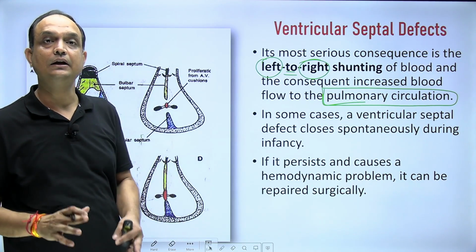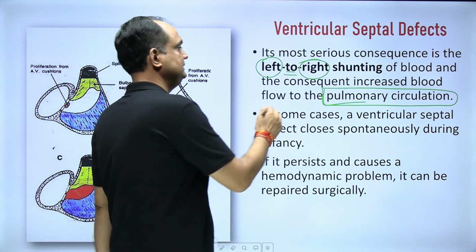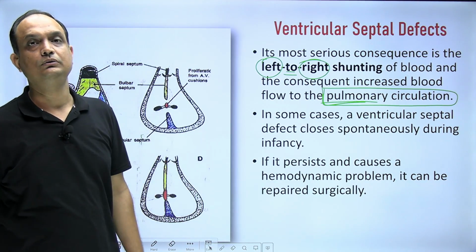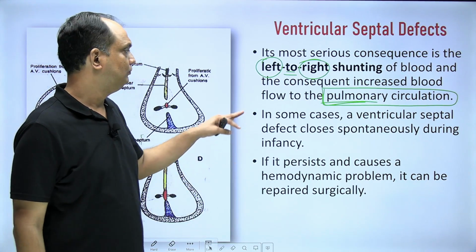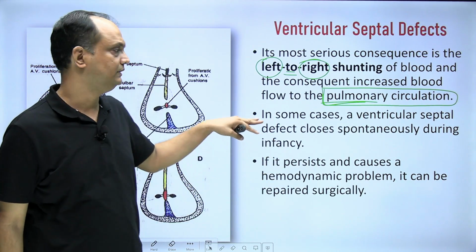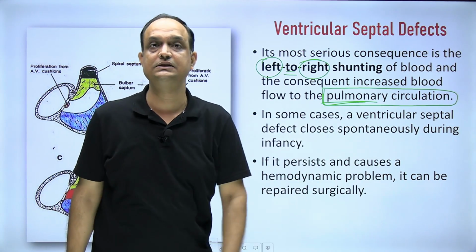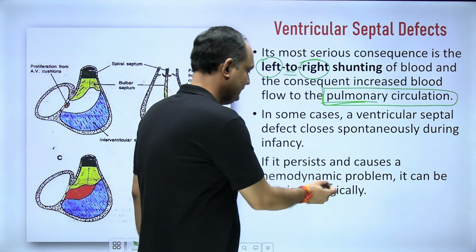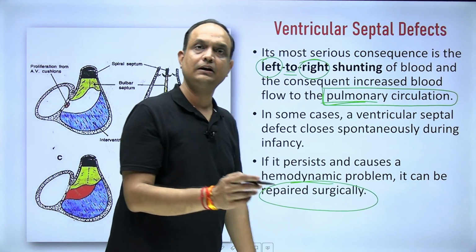That means a large amount of blood is entering the lungs, and this always leads to complications. So what is the treatment? Most of the time, if there are membranous VSDs, they heal spontaneously, or if they persist, they can be repaired surgically. Clear?